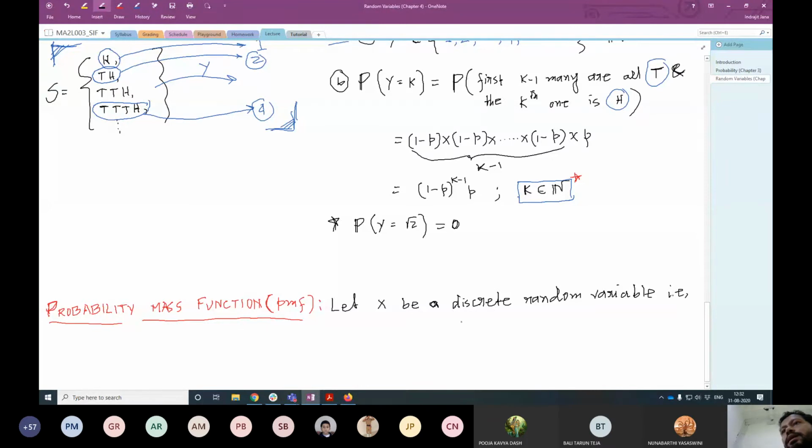It means that the spectrum of X, X takes countably many values. Okay, what is countably many? Again, I will explain that.